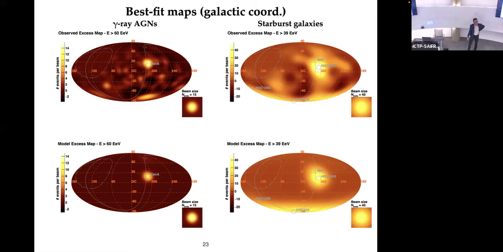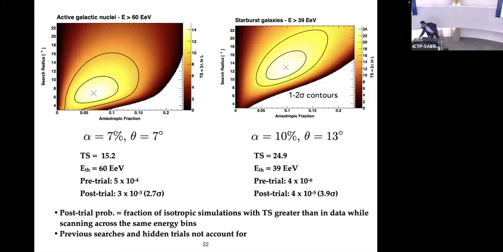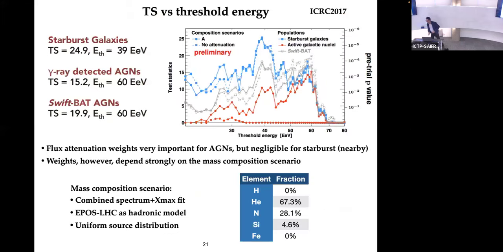Somebody raised their hand. Yes, can you go back to the slides, please? One more? Yes, like this. So I don't know if I'm reading this right, but if you compare the attenuation and no attenuation model for AGNs, the test statistic fluctuates a lot. And I mean, does that impact the result too? Let me see, let me remember.